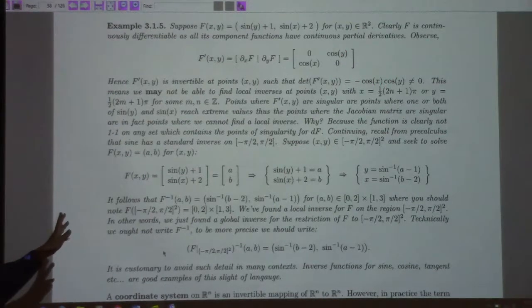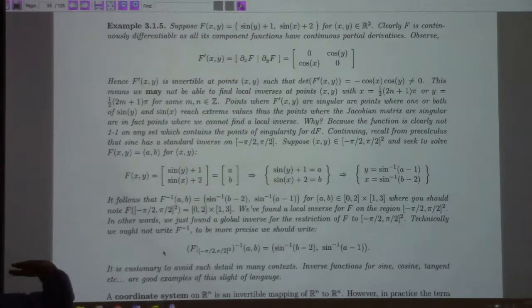y be non-zero. So we need to stay away from x equal to plus or minus pi over 2, plus or minus 3 pi over 2, plus or minus 5 pi over 2, and the same for y, so any odd integer multiple of pi over 2 for x or y. There's a grid of badness.